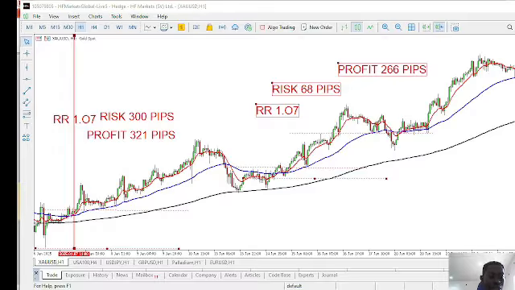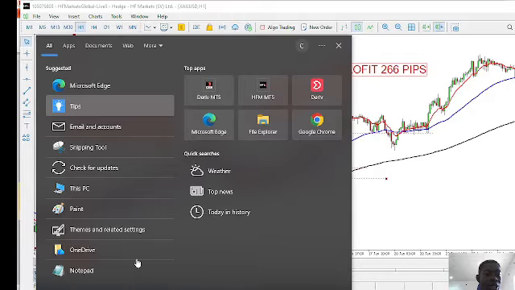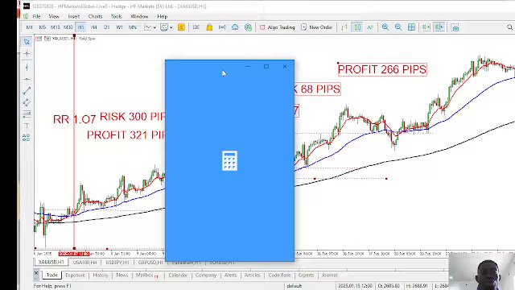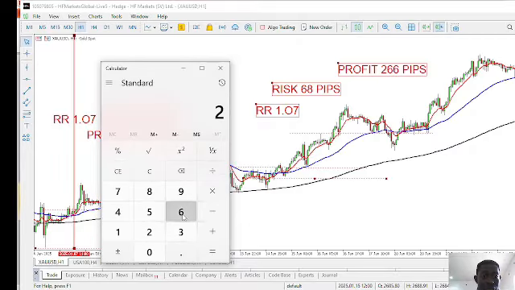The calculator disappeared. 266 divided by 68.